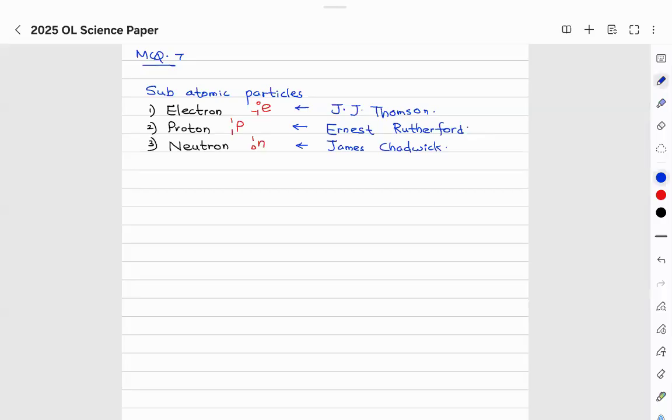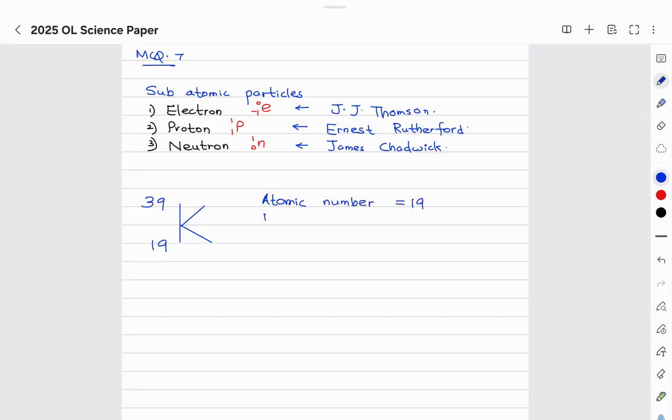Okay. And when you consider a particular element, you should know about the atomic number and the mass number, right? Let me consider the element potassium. Students, we know that potassium is 19, 39. So what is the atomic number? Atomic number is 19.